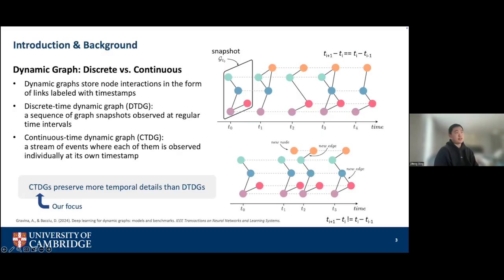On the right side of this slide, I took these two pictures from a recent paper. They show the difference in definition between DTDGs and CTDGs. We can see that CTDGs can naturally preserve more temporal details because every interaction can be tracked with its own timestamp.